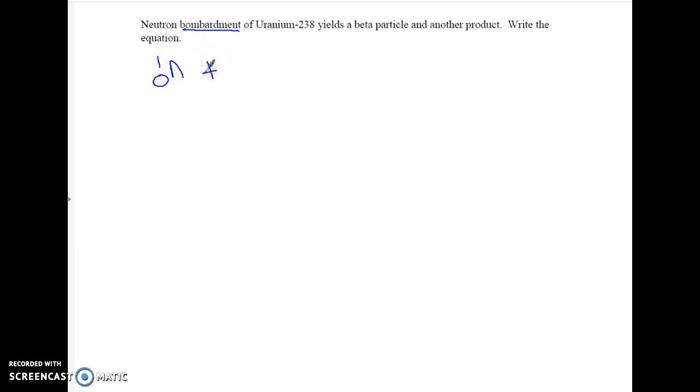And we want to write uranium-238. Uranium on the periodic table is atomic number 92. Where it says yields, that's where the arrow goes in. A beta particle, again, is an electron. Again, this is one that you could do two different ways, and it doesn't matter which way. So we have to do a little bit of math here. The stuff on the left is going to add up to the stuff on the right.